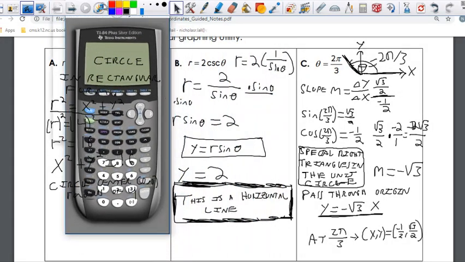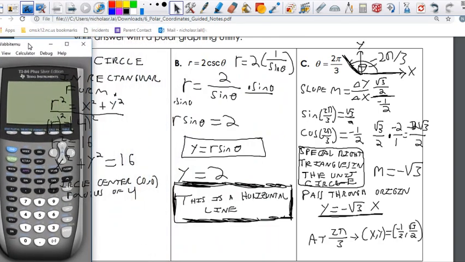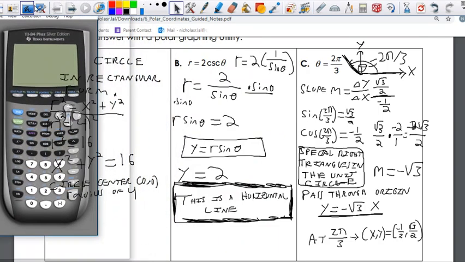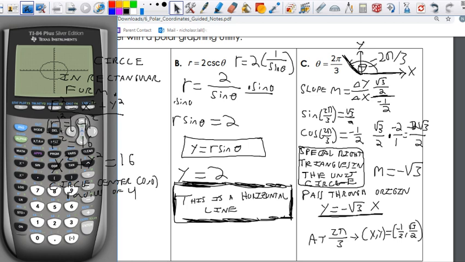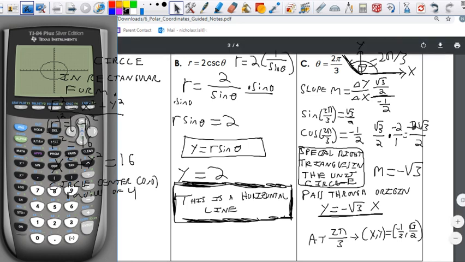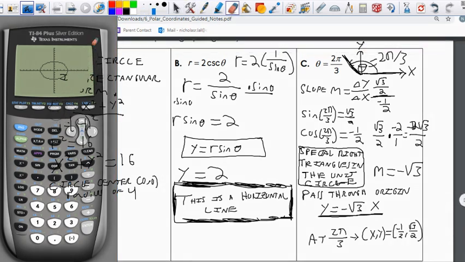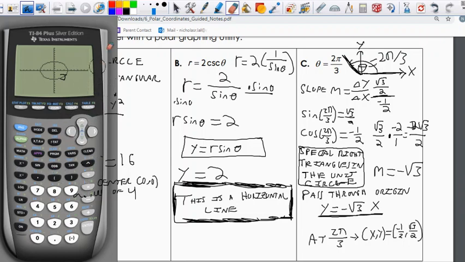If we say r is equal to 2 over the sine of theta, and we can erase the stuff for the first equation. But if we can, things are loading. You can always fast forward if you want to.